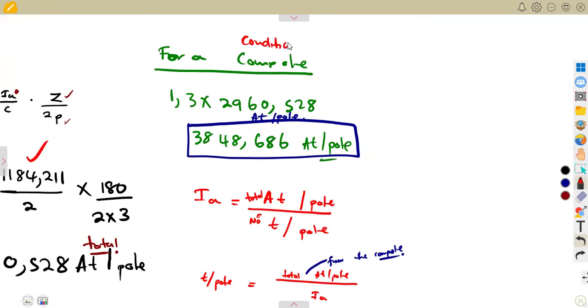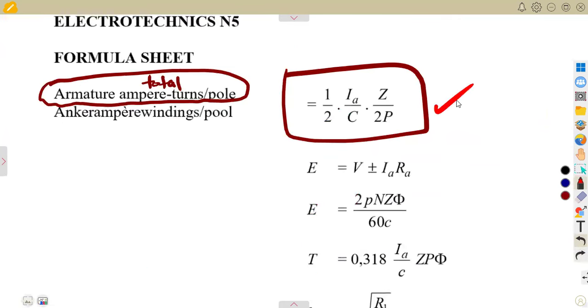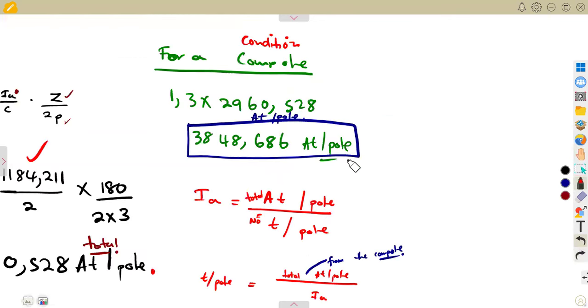There's a condition that you're given that the compole is 1.3 times the armature ampere turns per pole, which is the total that you calculated from your formula. You use the condition that you are given to calculate the total that you have when a compole is considered.